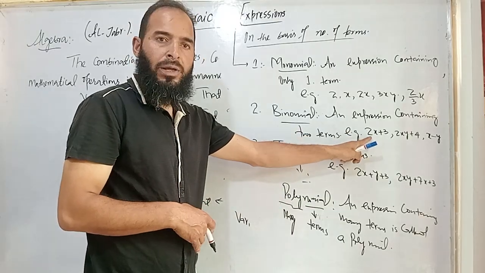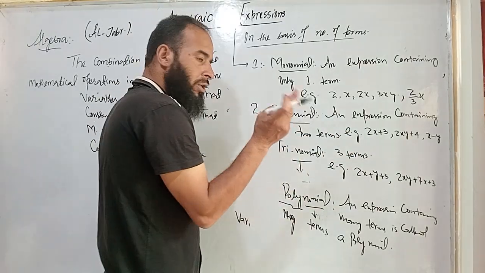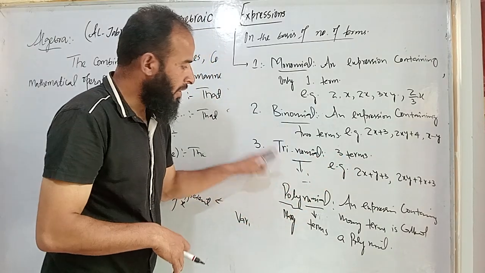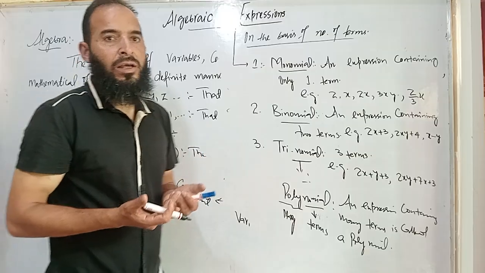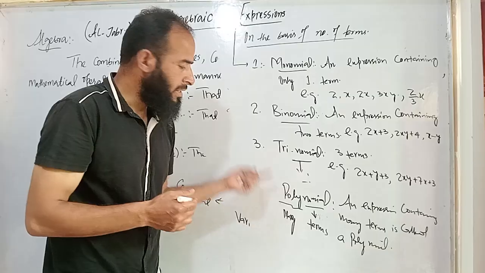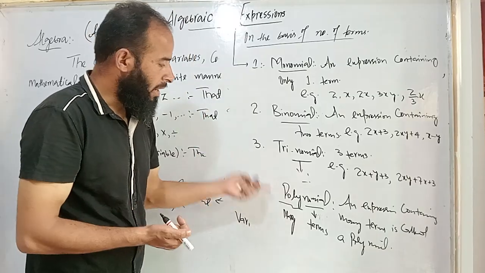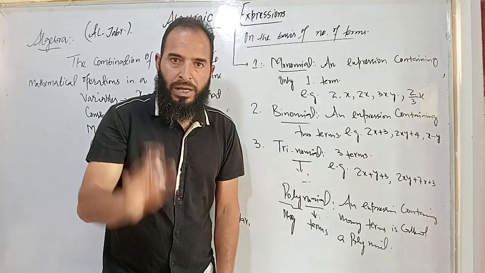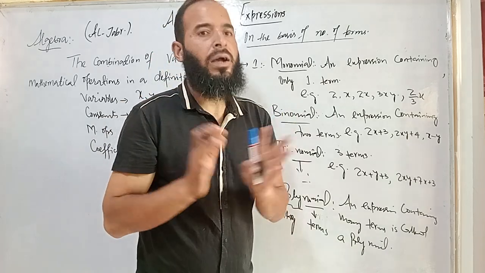So a polynomial of 2 terms is called a binomial. A polynomial containing 3 terms is called a trinomial. So in general, an expression containing 4 terms we can call a polynomial, and 5 terms we can also call a polynomial. Hope that you all have understood this.